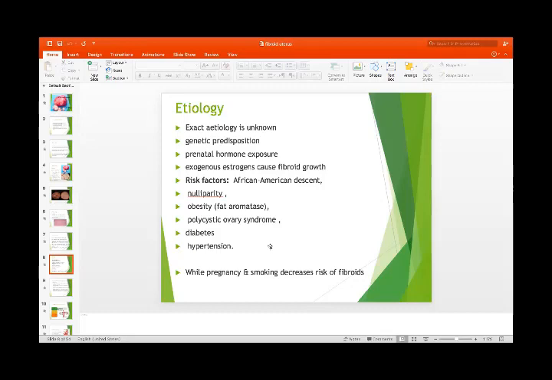Or if the patient has polycystic ovarian syndrome, because in polycystic ovaries there is unopposed estrogen action, which will cause growth of the fibroid. Diabetes and hypertension are also risk factors. While pregnancy and smoking decrease the risk of fibroids.